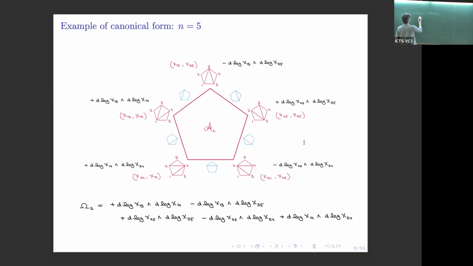If you flip that one as well, then you get this one. So if you write this as d log x24 wedge d log x14, then you get a negative sign. That's the idea. It can be consistently done.